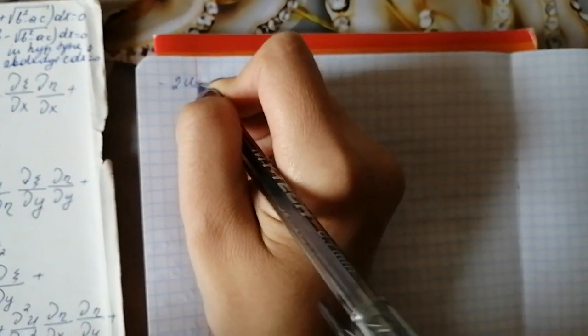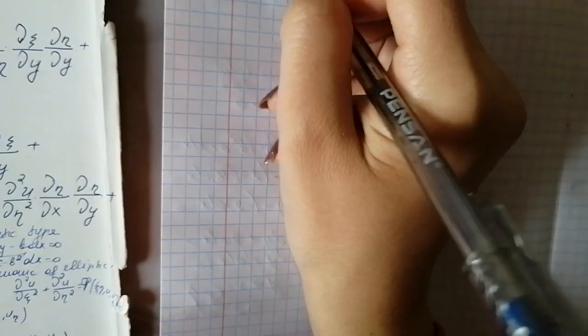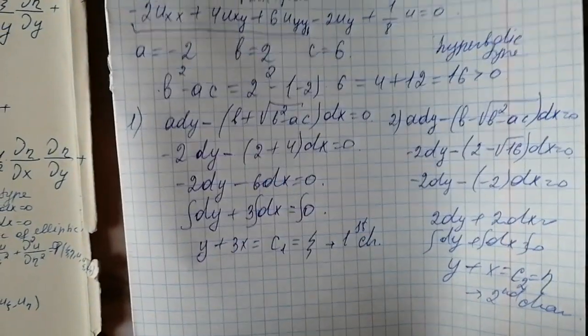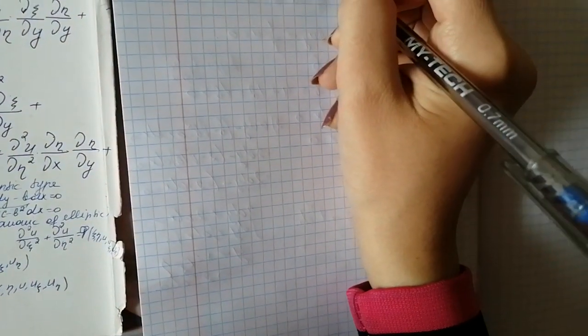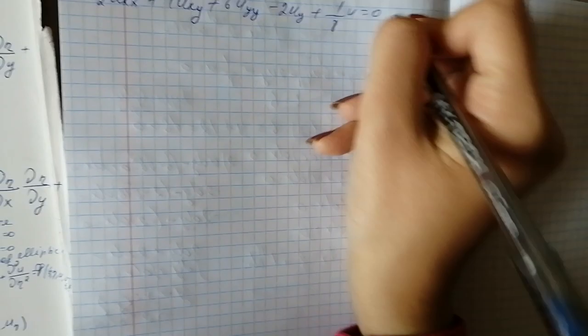Negative 2uxx plus 4uxy plus 6uyy minus 2uy plus 1 over 8u is equal to 0.